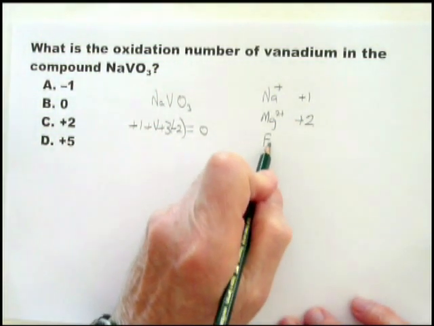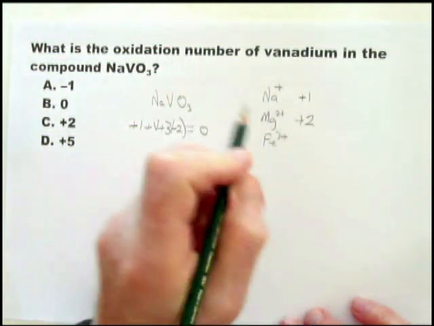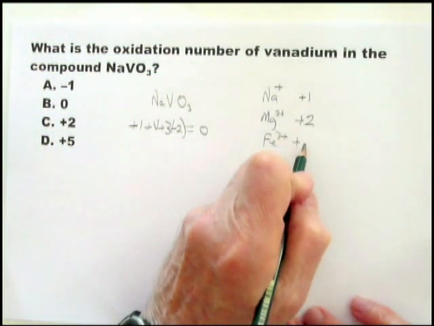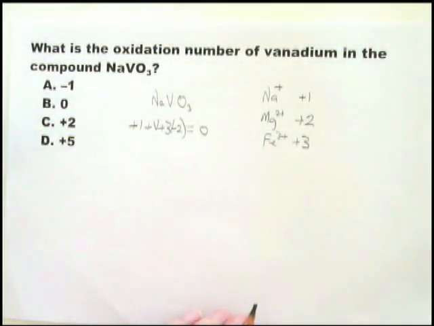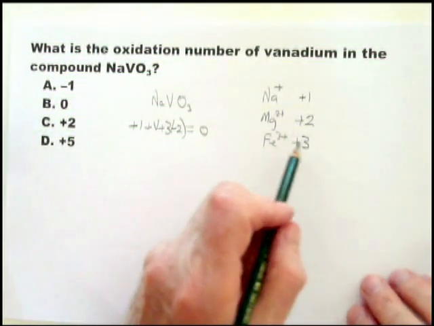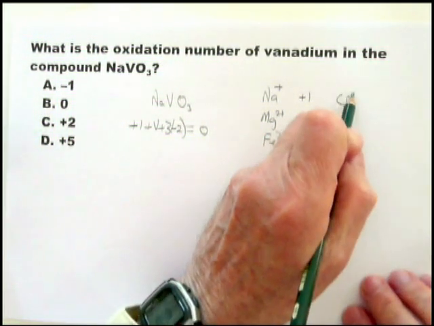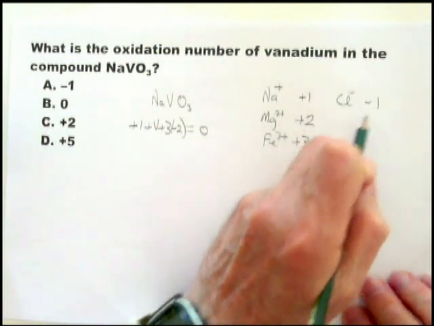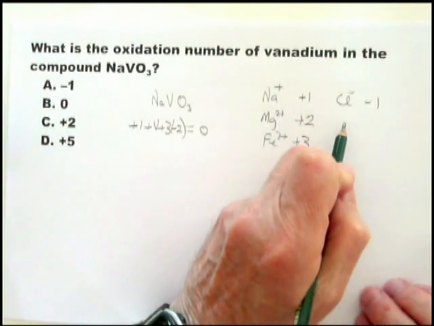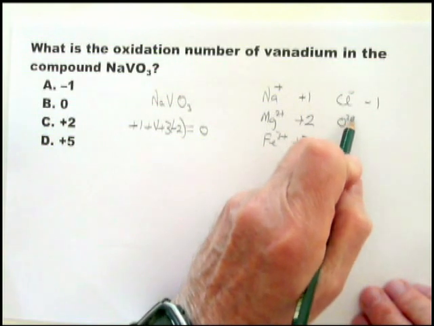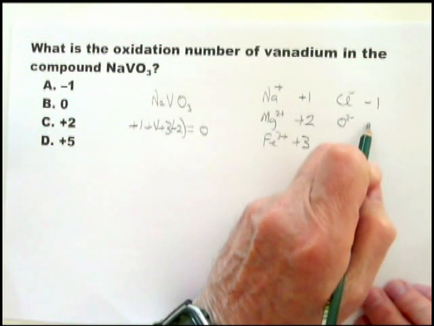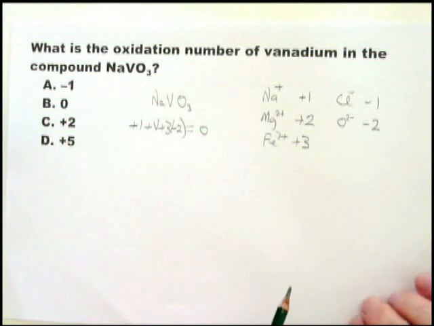If there's 3 positive charges, like Fe3+, then the oxidation number is +3. So there's a consistency in these numbering systems. I mentioned before, Cl-, the oxidation number is -1, and oxygen has 2 minuses, so the oxidation number is -2.